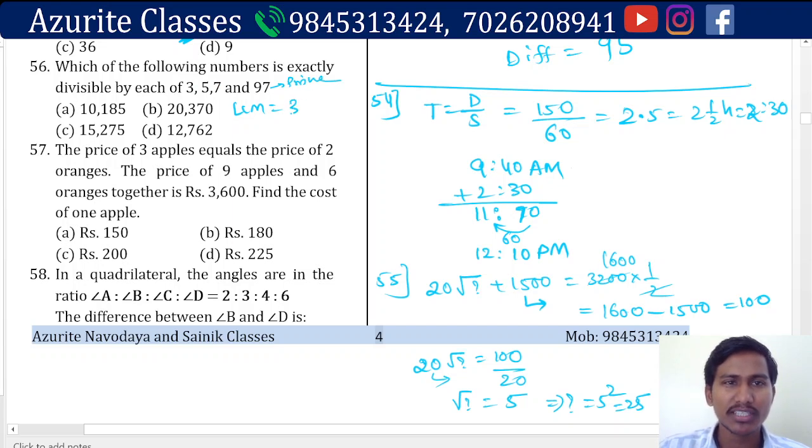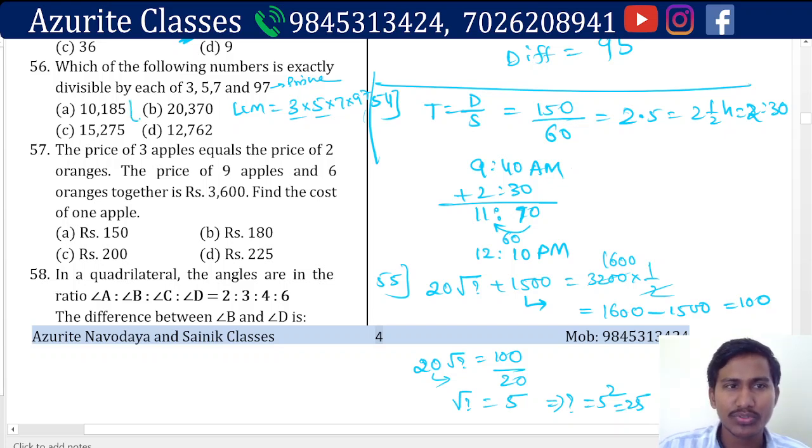So you have to multiply 3 into 5 into 7 into 97. What I will do is multiply the unit digits. 3 fives are 15, so 5 will come. All the unit digits will be 5. Okay.